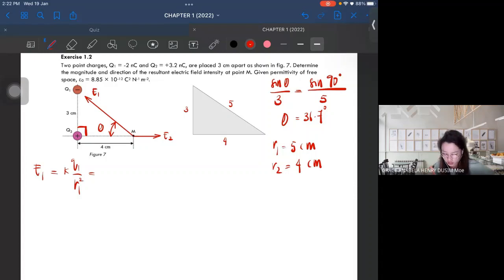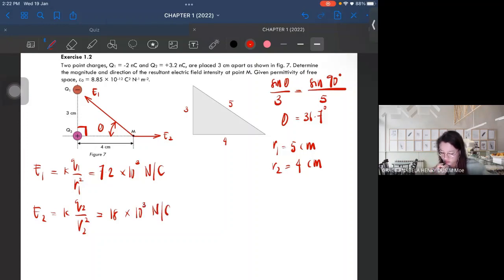Calculate them, you should get 7.2 times 10 to the power of 3 Newton per coulomb. Okay, make sure you are able to write the unit because without unit you will not get the marks.